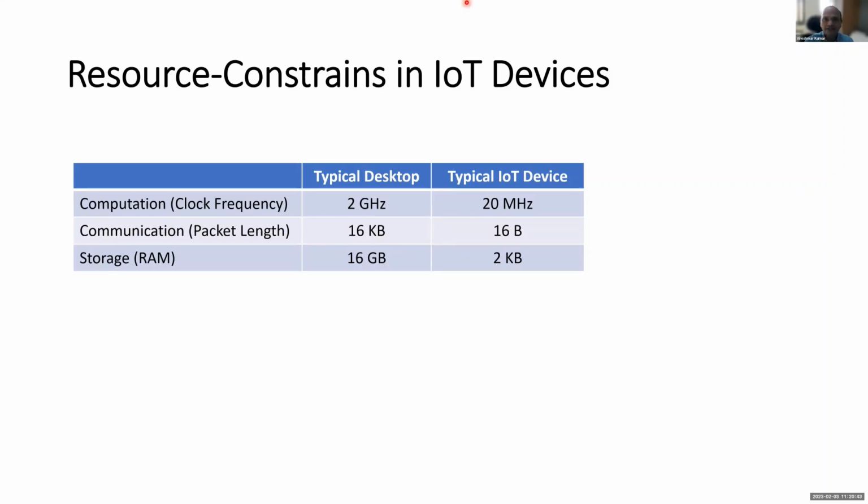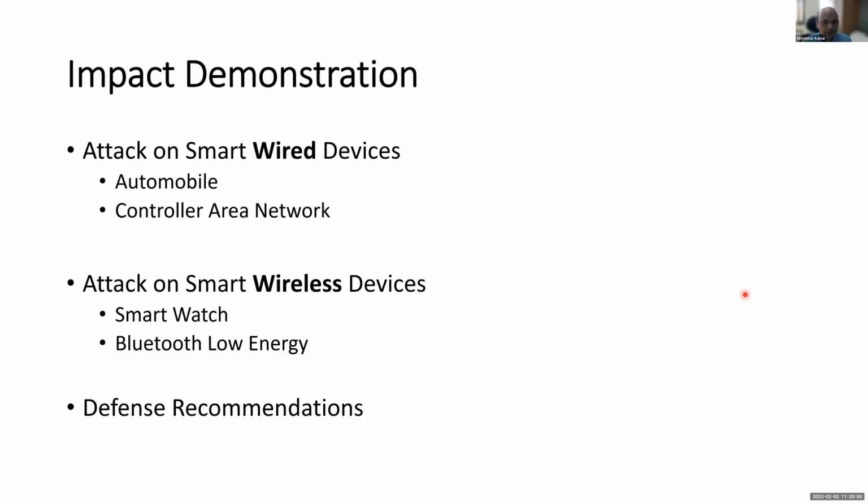Any other question? Okay. So now let me come to the main part of this talk, where I would demonstrate a few attacks on resource constrained devices. One will be an illustrative wired communication protocol, and the other will be an illustrative wireless communication protocol.